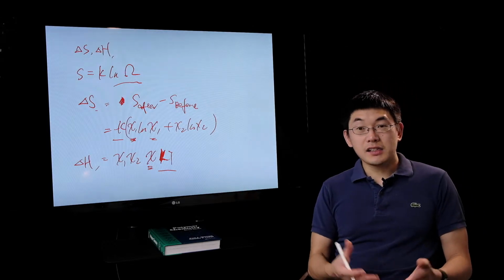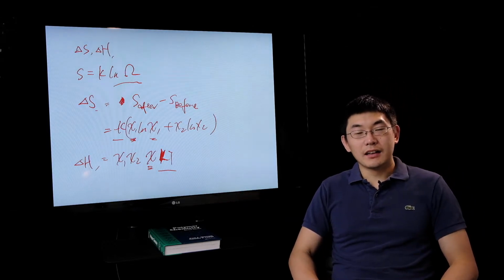These two combined allow us to understand a very important quantity in the phase diagram, which is delta G. The free energy change is the key.